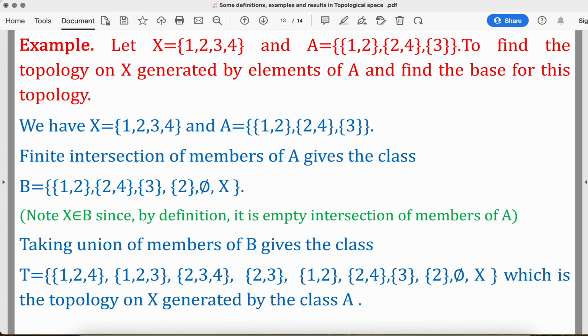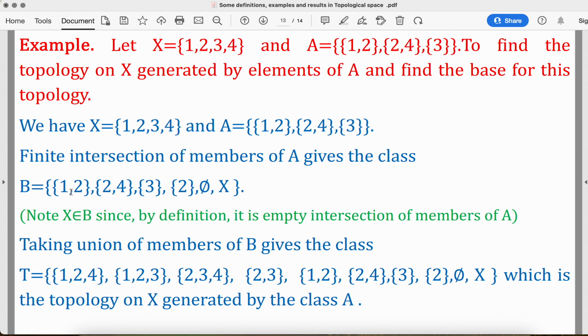Now we will construct a topology. We will take the unions of members of B. Union of {1, 2} and {2, 4} is {1, 2, 4}. Union of {1, 2} and {3} is {1, 2, 3}. Union of {1, 2} with {2} is {1, 2}. Union of {1, 2} with phi is {1, 2}.